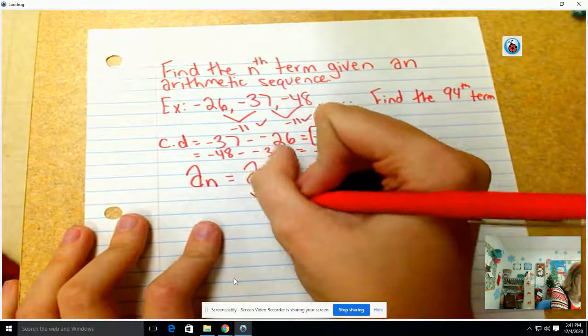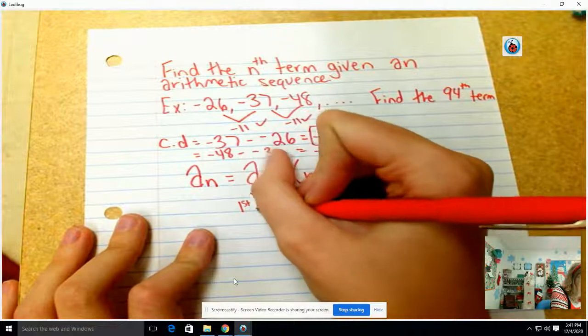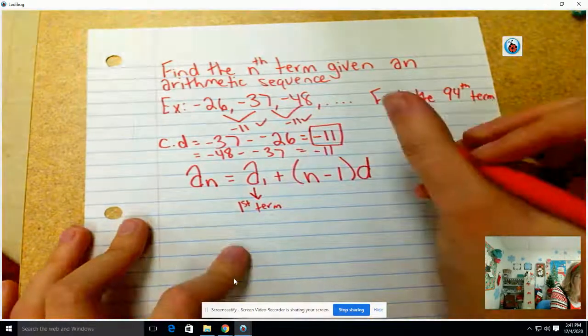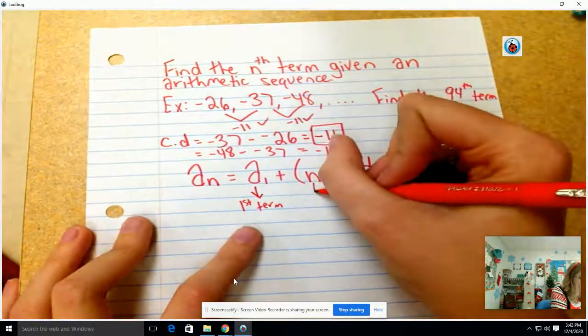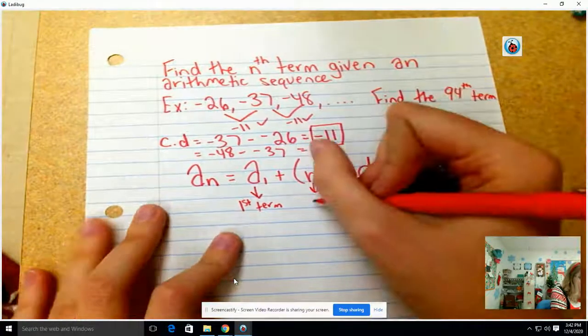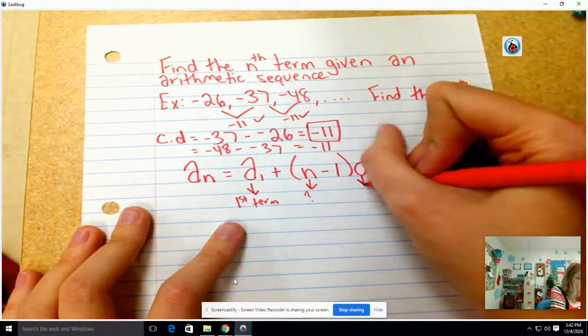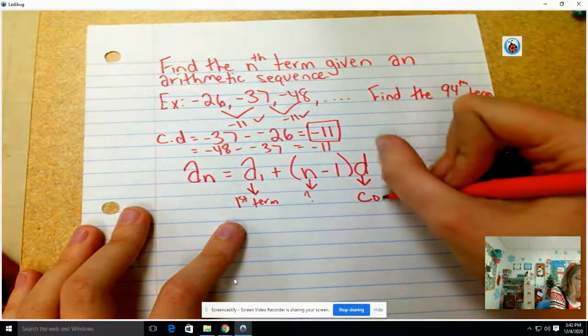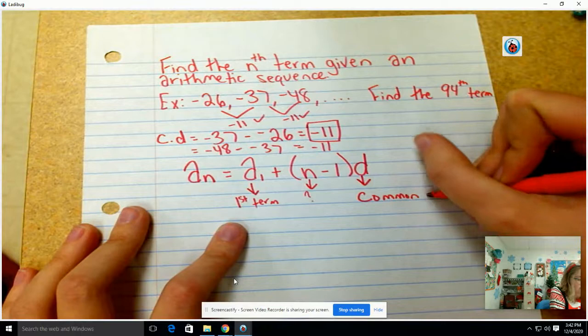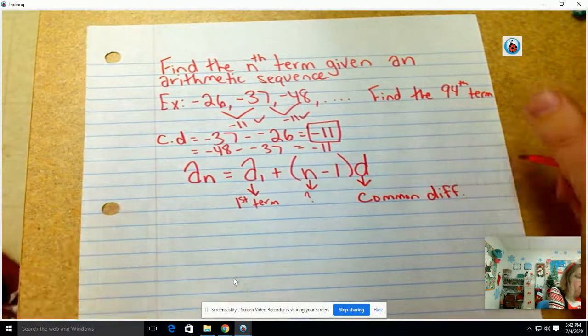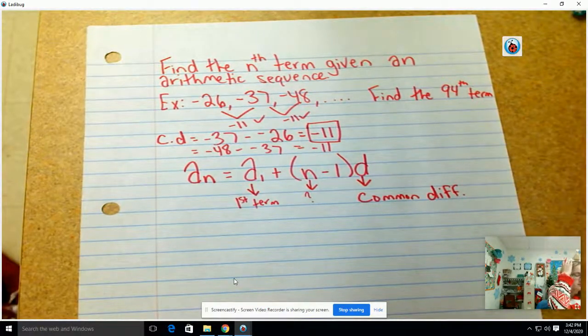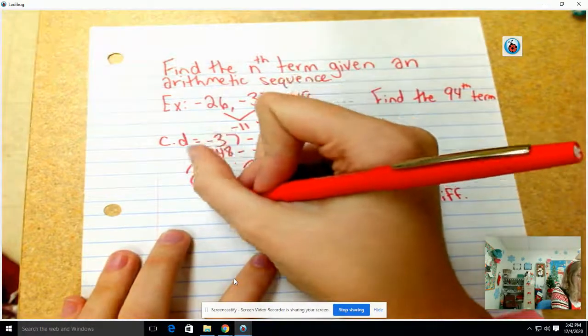Where a sub 1 is your first term, n is the term you're trying to find, so I'll put a question mark there, d is your common difference, and then this little n is also going to be the term that you're trying to find.